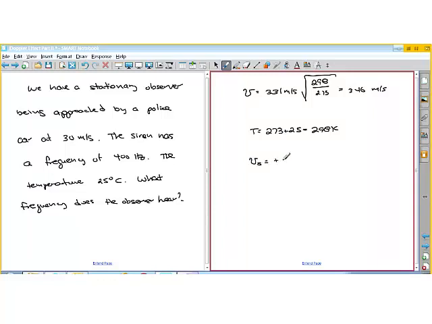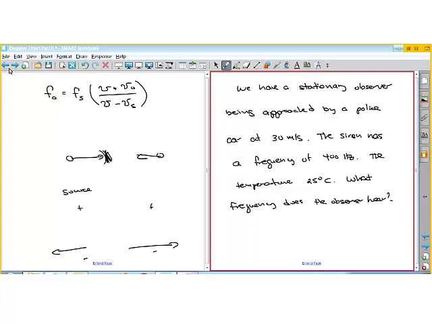V of the source is positive 30 meters per second because it's approaching. And F of the source is 400 hertz. So the most general form says that F of the observer is F of the source times V plus V of the source divided by V minus V of the observer.